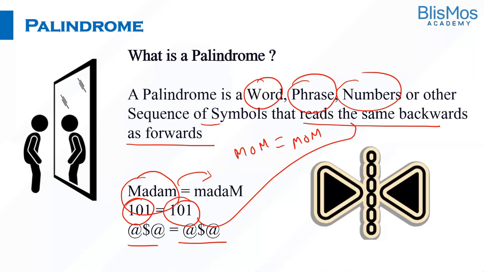So if we want to write a Python program to check whether the given input is a palindrome or not, what should be our approach? First thing is we are accepting an input. That is anyway very simple. The second thing is we have to reverse the input.